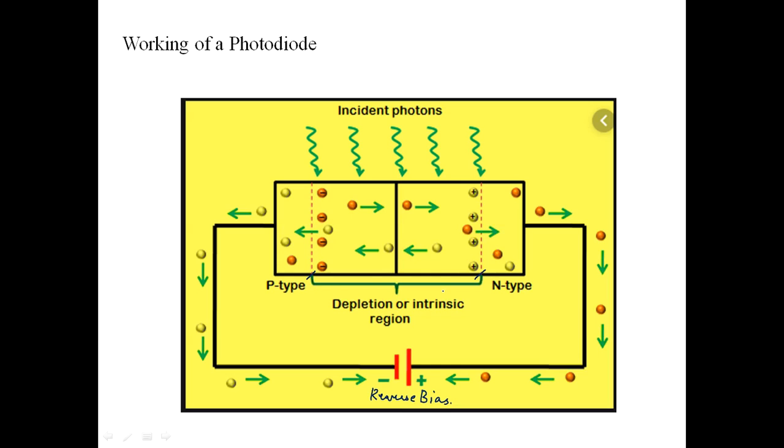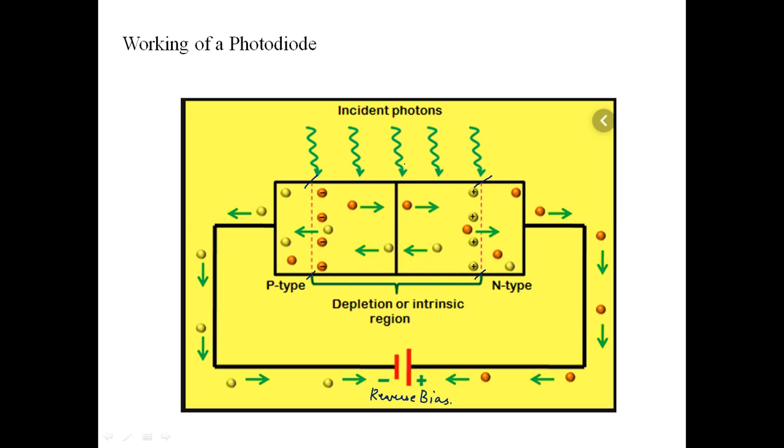And the purpose of ensuring that is again to ensure that more and more space is available within the depletion region, so that more and more photonic energy can be made to fall. As simple as that.